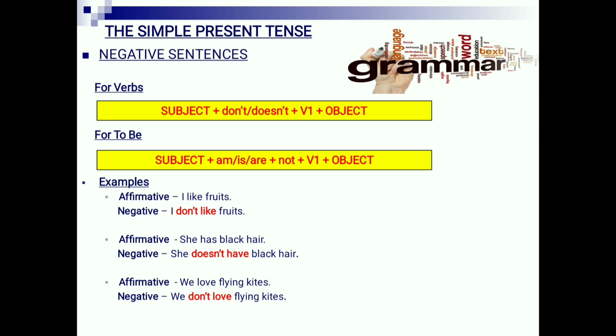Now how will you decide do not or does not? You know the formula: subject plus do not or does not plus V1 plus object. But again the question arises in your mind, when can I use do not and when does not? It depends on the subject. If the subject is I, you have to use do not. Okay, I do not like fruits.